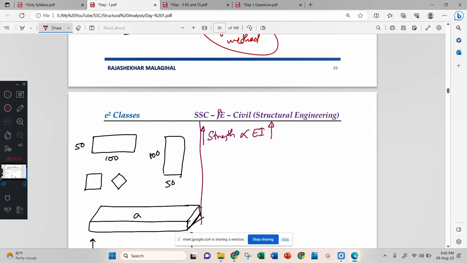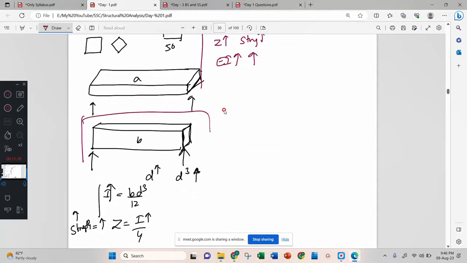If d is more, d cube is more, therefore I is more, which means z is more, so strength is more. Then I is more means EI is more, so strength is more. That's why this beam wins in two concepts: it has a more EI and a more z value.